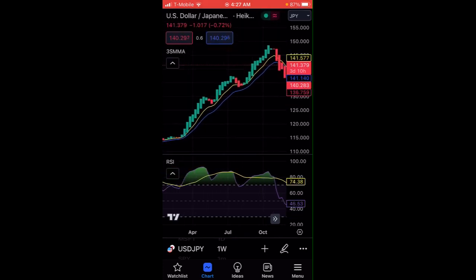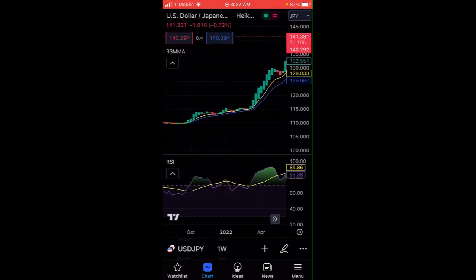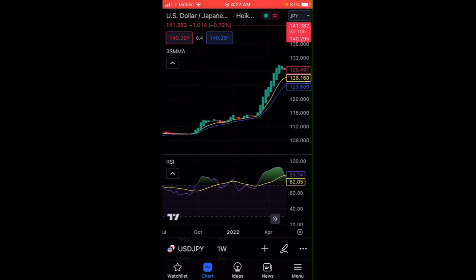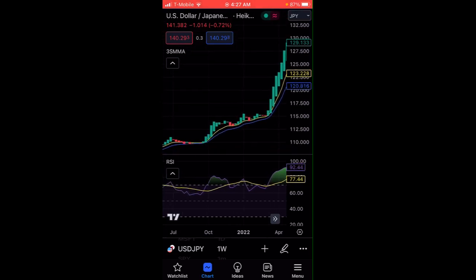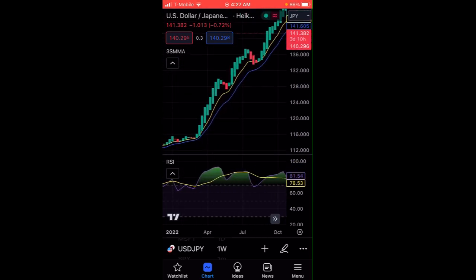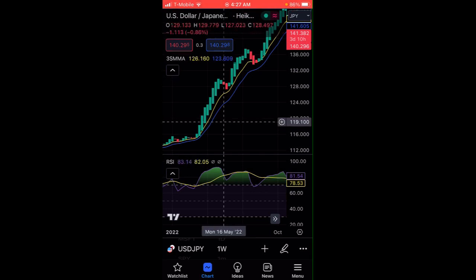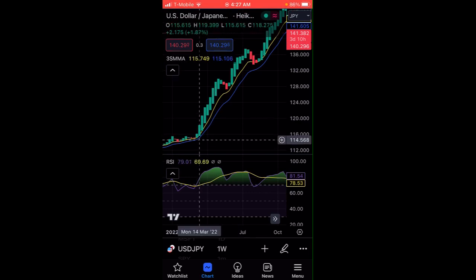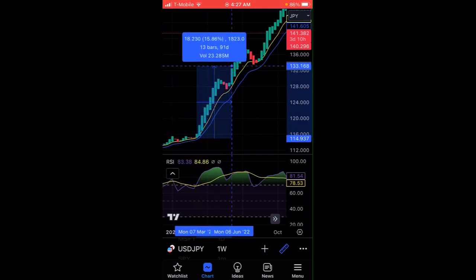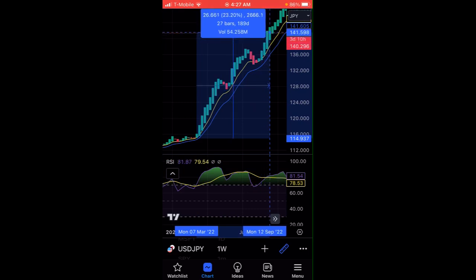So let's look again. I'll do one more for Forex. So let's see where it crosses. Well, we'll look at the RSI. Let's do this one right here. Okay, so we see the RSI is crossing up. So we would come here, right here where the RSI crosses up, and we just ride this whole thing out. This one would have been a huge win.